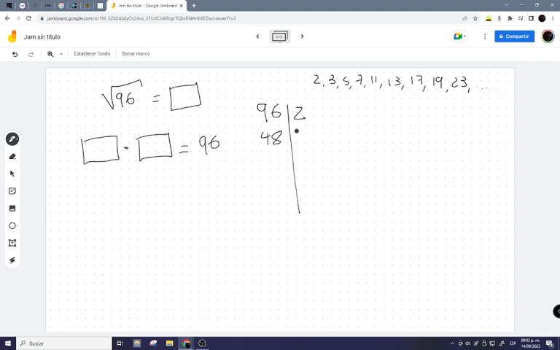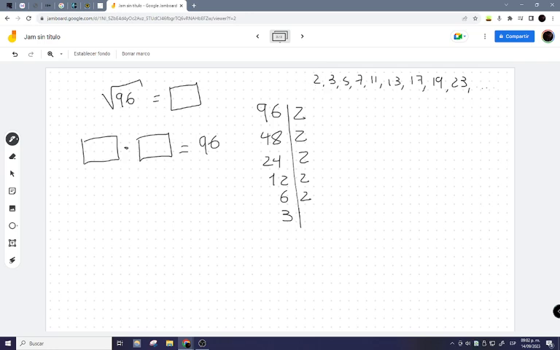Can the 48 be divided by 2? Yes. It's 24. And can this one be divided by 2? Yes. It's 12. Can 12 be divided by 2? Yes, the result is 6. Can 6 be divided by 2? Yes, the result is 3. And can 3 be divided by 2?